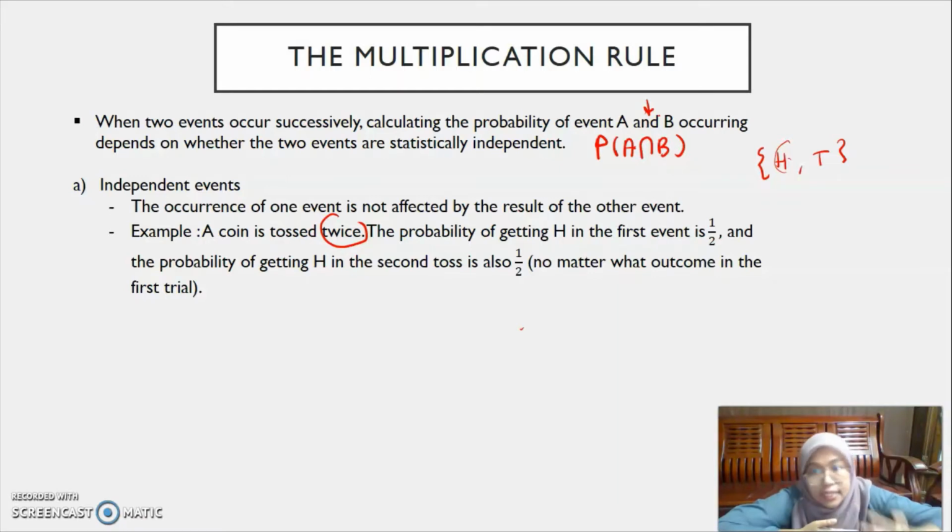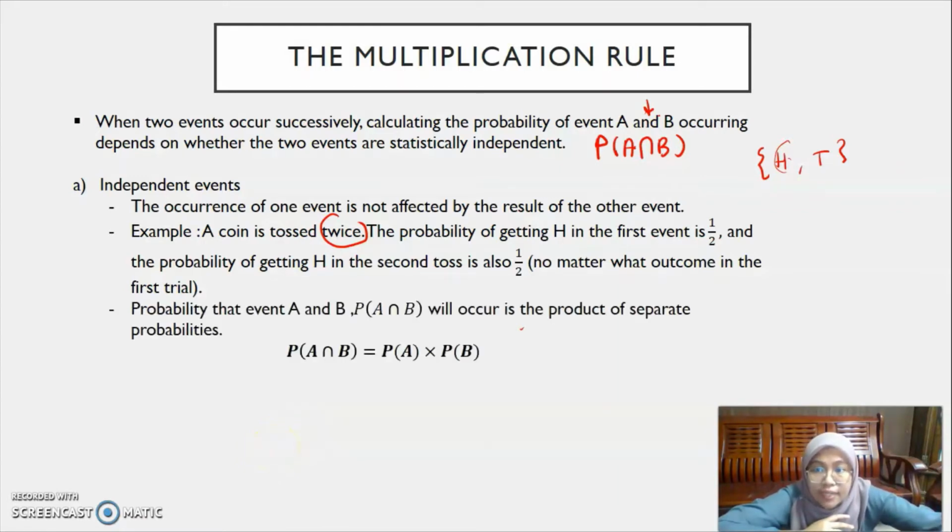Then we toss the coin for the second time, and let's say we get another H. The probability of getting H for the second toss is also 1/2, because the occurrence of the second toss does not depend on the occurrence of the previous toss. So this is an independent event.